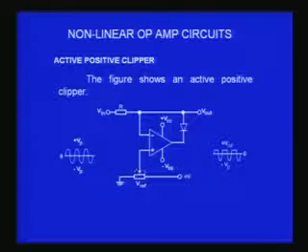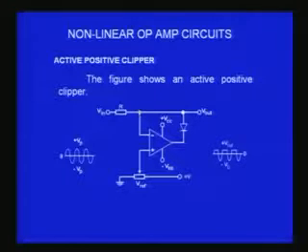But if I now maintain this terminal at some voltage different from 0, for example plus 2 volts, then anything more than plus 2 volts that I apply here is more than the reference voltage, and I get a negative, then the diode is shorted and the output goes straight there.